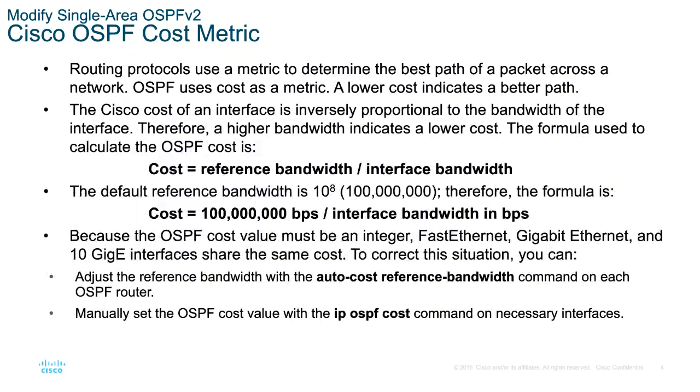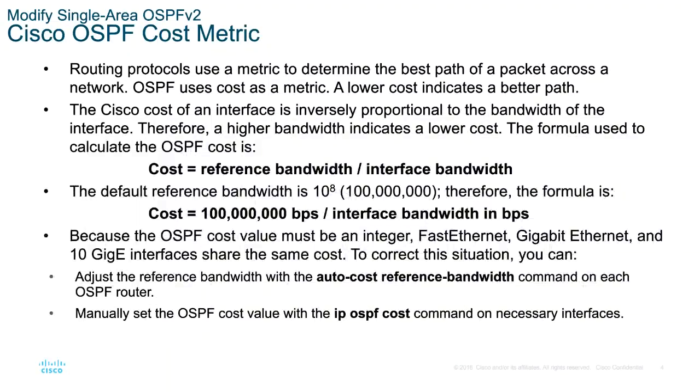So we need to be able to manually adjust the cost, and we can do that by setting the cost on each interface with the ip ospf cost command if we wanted to do it that way. The better practice is to use the auto-cost reference-bandwidth command to actually change the reference bandwidth value, and we do this on all the devices.